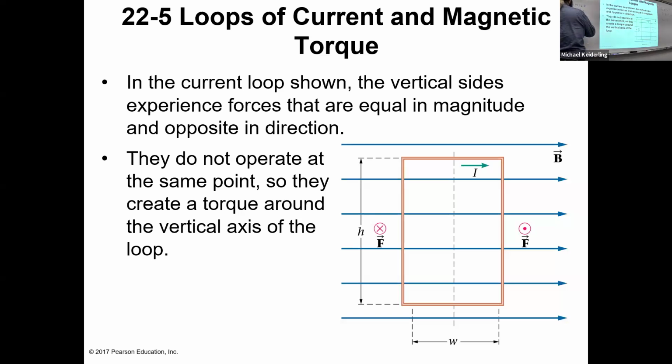So the torque ends up being 1/2 current times length times magnetic field times width times the sine of the angle this thing is at.